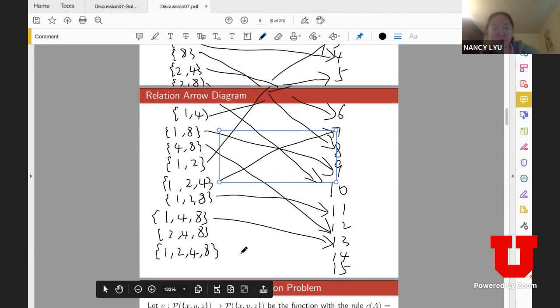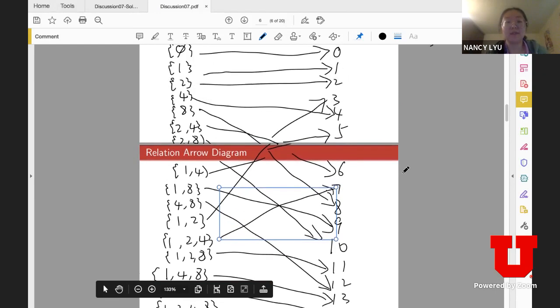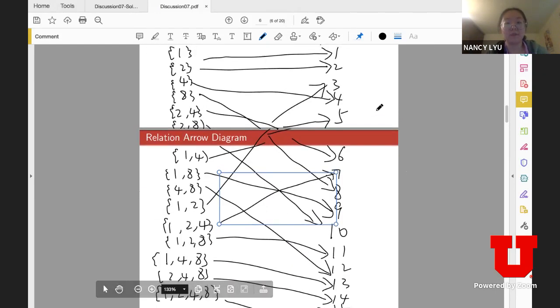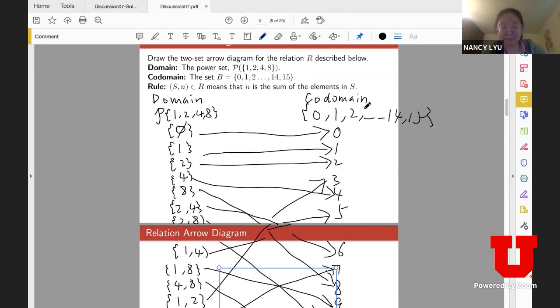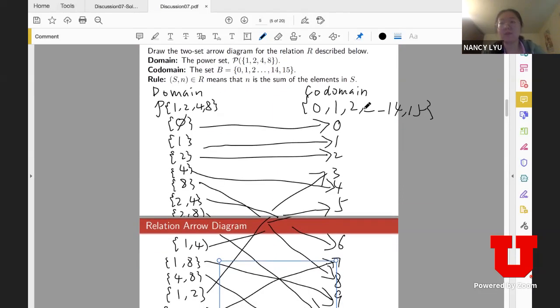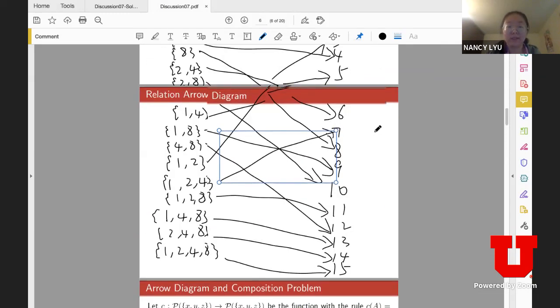And then we have {2, 4, 8}: 14, and the last one goes to 15. Okay, and now we're done with this one. So just remember how we would do it. Please write that vertically. Any questions about this one? Okay, let's move on.